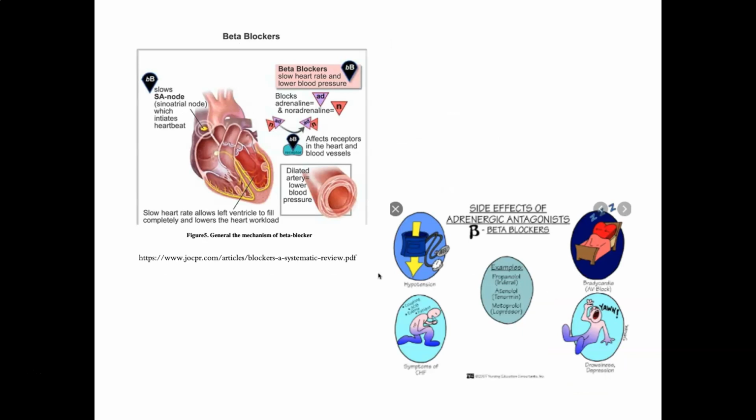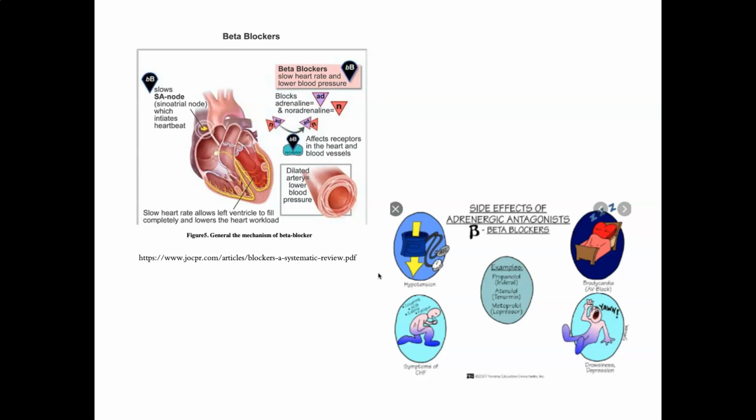So let's talk about beta blockers. What do they do? They slow that heart rate, lower the blood pressure. They affect those receptors in the heart and the blood vessel. They lower the heart's workload. Side effects include hypotension, CHF, congestive heart failure symptoms. So you have coughing, shortness of breath, extreme fatigue.